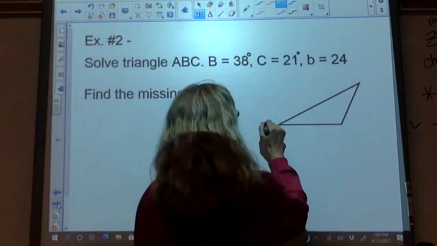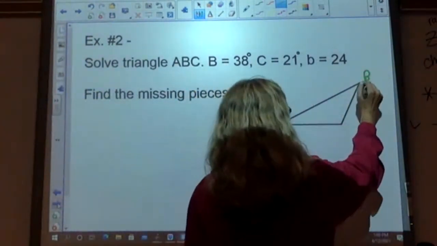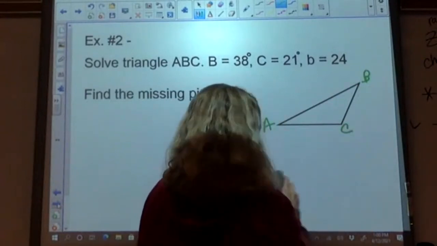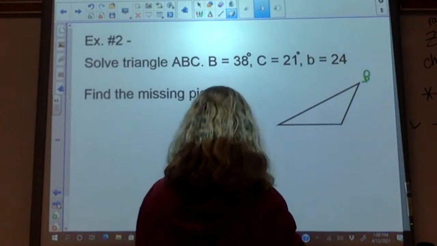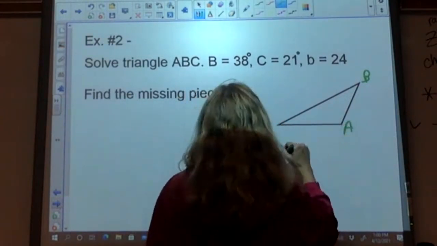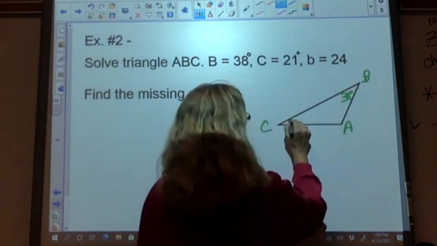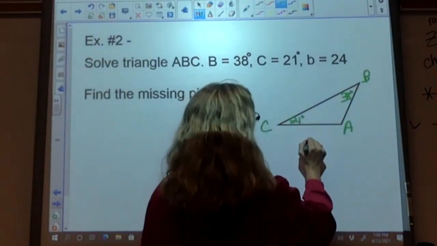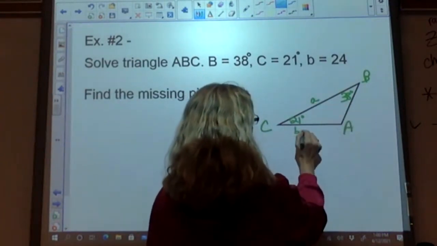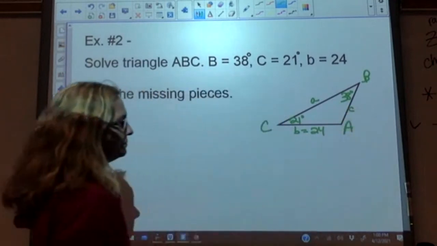I can call this A, B, C. Actually, I should label this picture so it looks a little more like the measures. I call this C and this A. So this would be 38 degrees, and this would be 21 degrees, and then this would be side A, this would be side B, which is 24, and this would be side C.